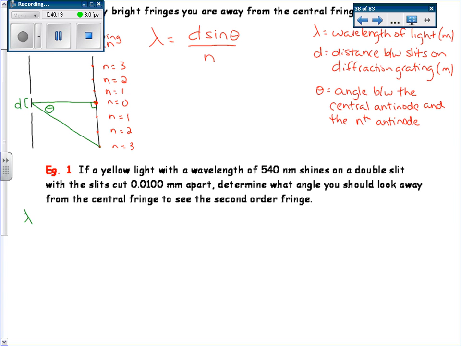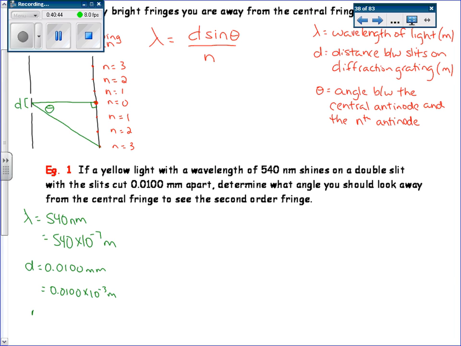Our wavelength is 540 nanometers, which is 540 times 10 to the negative 9 meters. Our distance between the slits is 0.0100 millimeters, which is 0.0100 times 10 to the negative 3 meters.